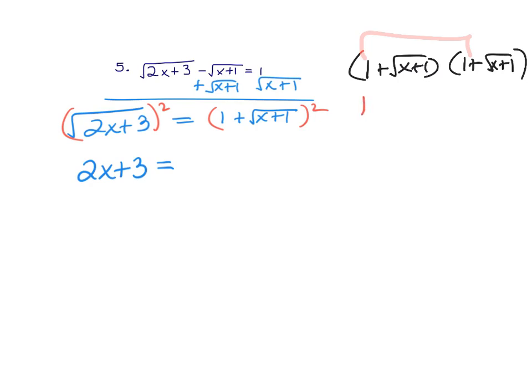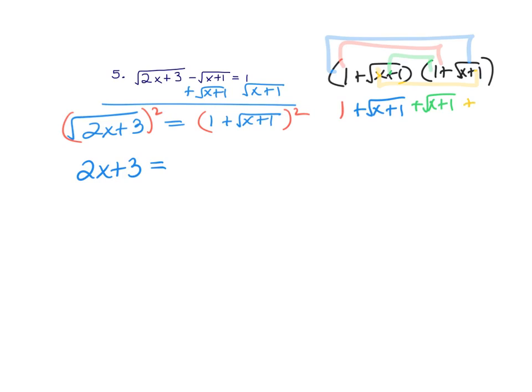I'm going to do outside, and I get the square root of x plus 1. I'm going to do inside, and again, I get the square root of x plus 1. And then when I do last, remember, a radical times itself just makes the radical go away. So I'm left with x plus 1.